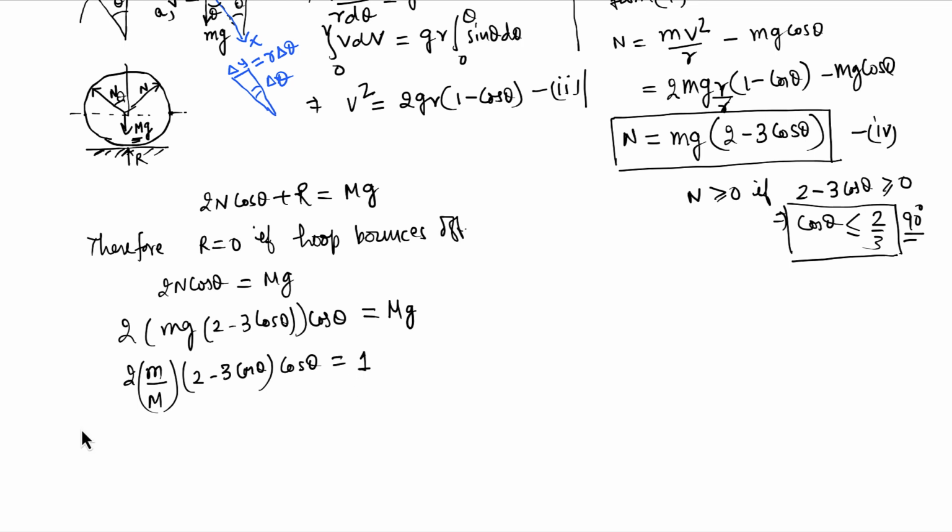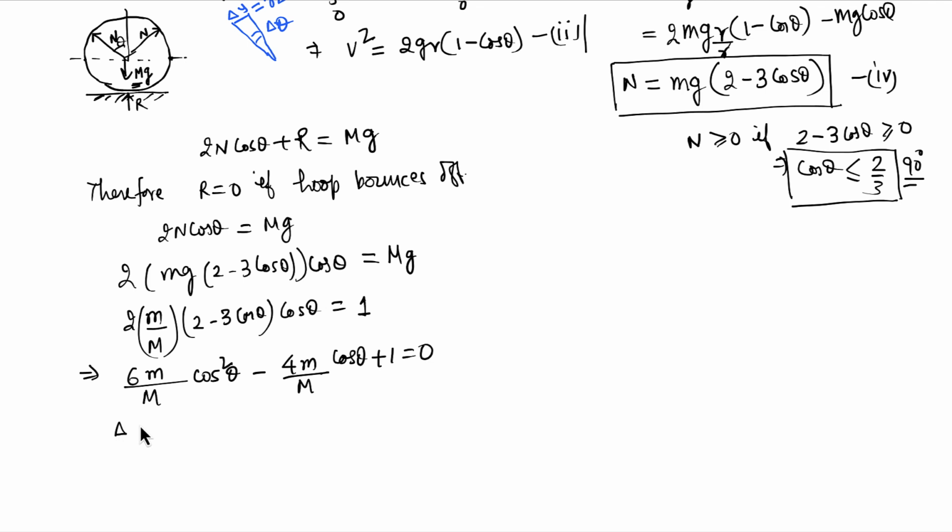equal to 1, and that gives me the equation 6 m/M cos square theta minus 4 m/M cos theta plus 1 equal to 0.